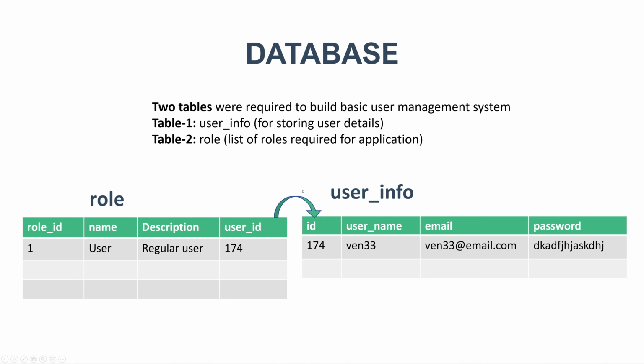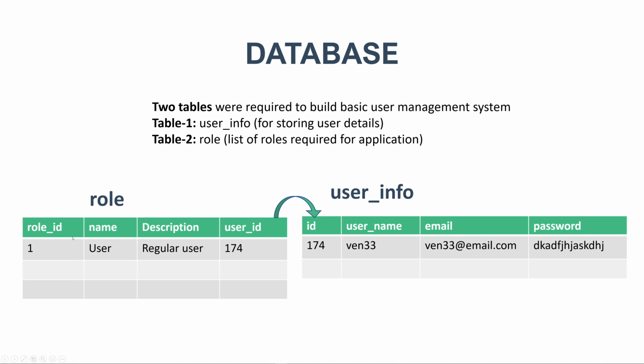To check the user roles in the role table, I have built a relationship between these two tables. So whenever you pull the user information using a query, you will also get the role the user has. In the relationship, I have used the ID as my primary key, the user ID as a foreign key, and role name and role ID as well.